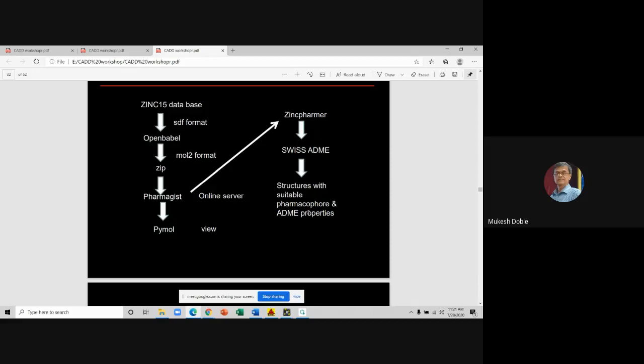We give the input from PharmaGist to ZincPharmer and ask it to look for structures in the ZINC database. You can even create your own database later on, but I'm showing only the ZINC database, and it will identify molecules with the same feature. That means in our case, three acceptors, two of them at 8 angstrom and 7.1 angstrom and 1.3 angstrom.